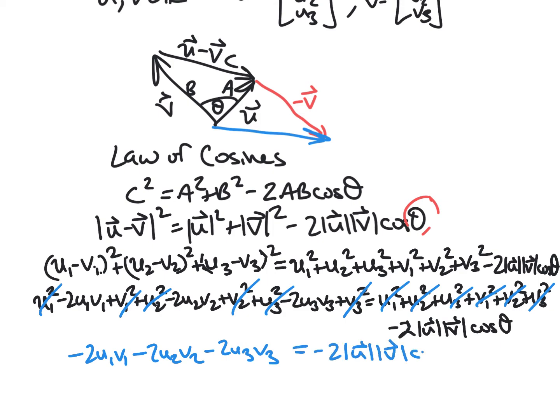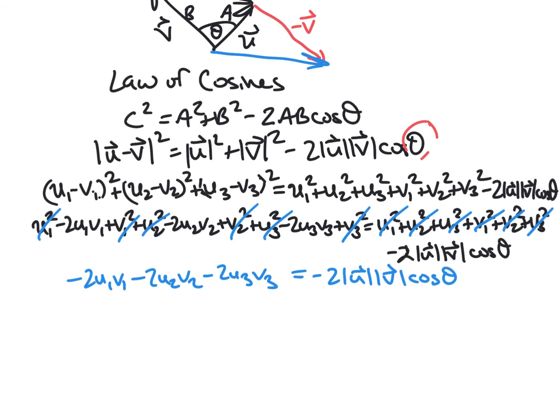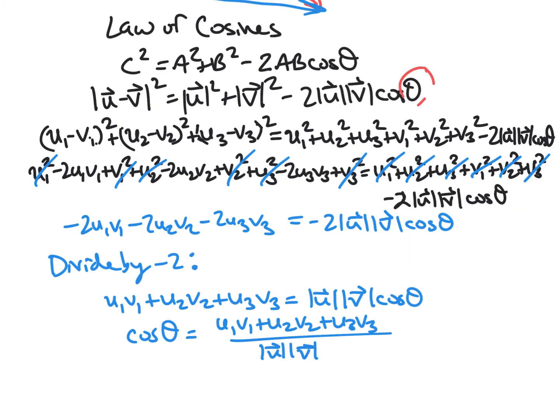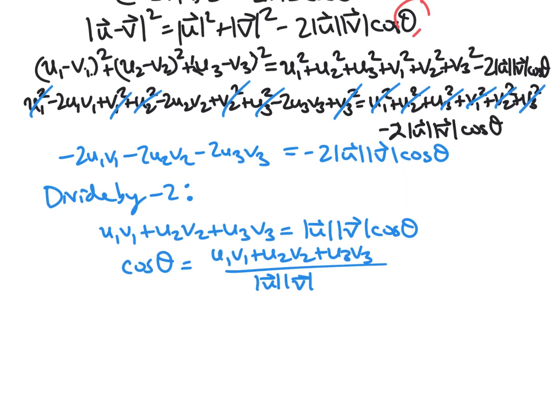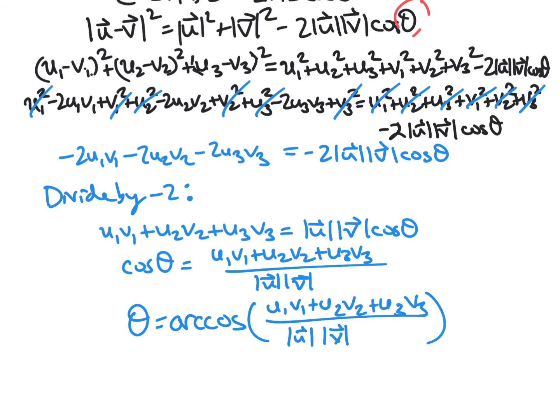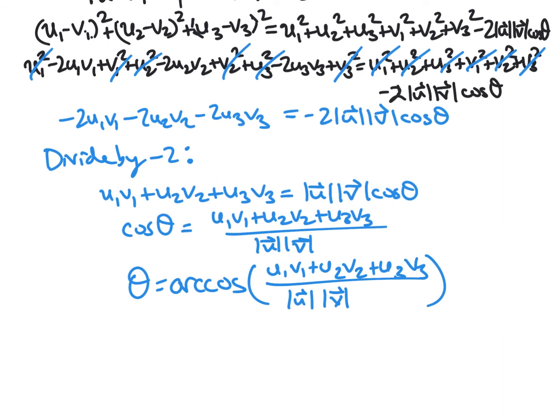Okay? And so we can divide by negative 2, and we end up getting this right here. And so if we want to solve for theta, we just take arc cosine of each side, and it looks like this. So this may not seem very special, but this numerator here actually has a name.